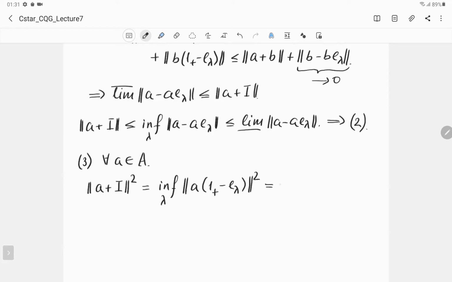So this is the infimum over lambda of, well, maybe I do it in the next line. So this is the infimum over lambda of the norm of 1 minus e_lambda, A star A, 1 minus e_lambda.